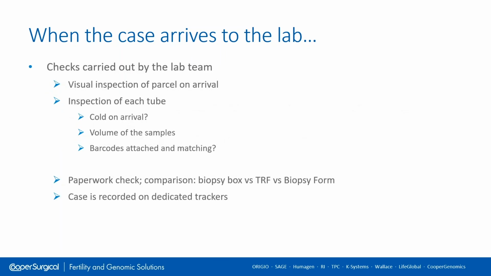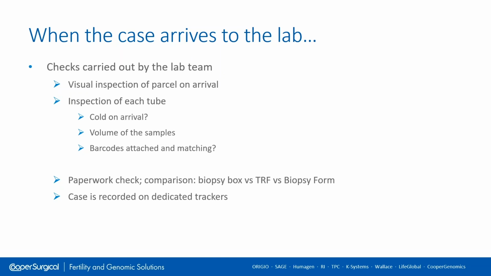When the parcel gets to our testing lab, it is first inspected from the outside, and then it is opened. We take out all the biopsy boxes, and we visually inspect every box from the outside, and inside we inspect each tube. So we check, is this the case called on arrival?